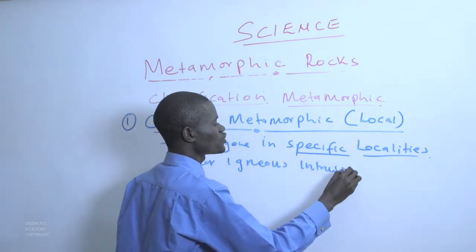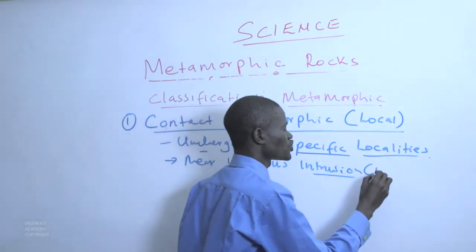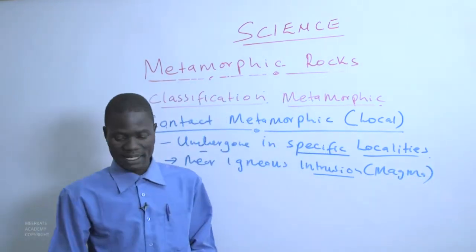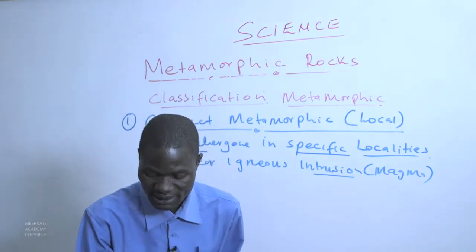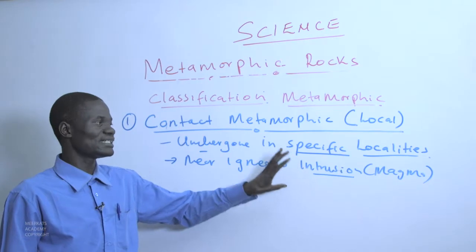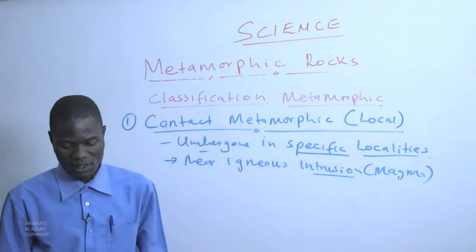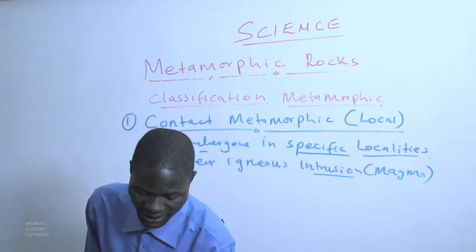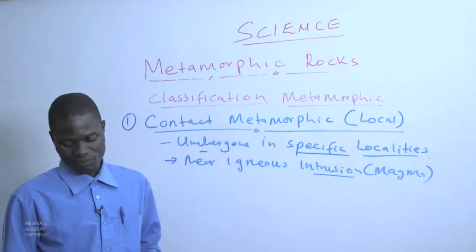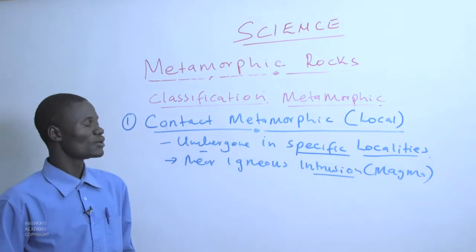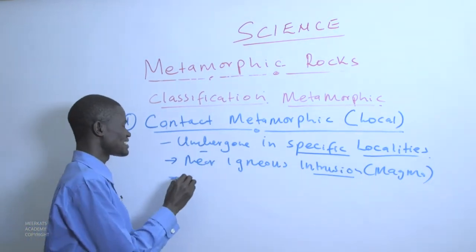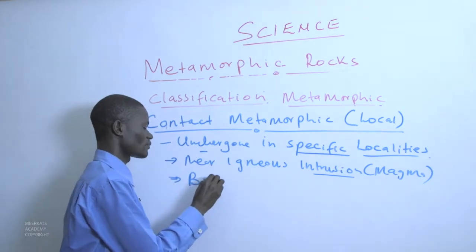And the kind of intrusion we are talking about, remember, is magma. When this magma is superheated, the mineral content in the original rock will be transformed, and the neighboring rocks will be heated, or baked.